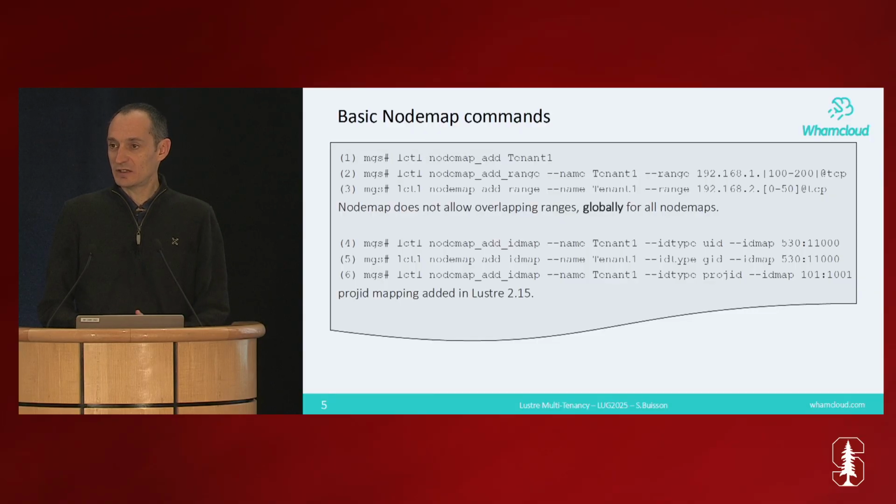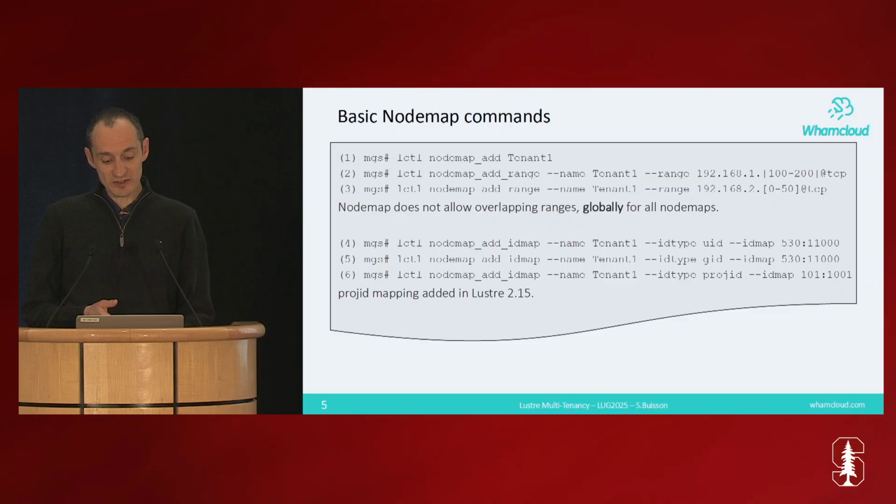So basically, here's how you would use node maps. You would use lctl nodemap_add and then the name of the tenant, of the node map, to create a node map. And then the first step is to add NID ranges to this node map.